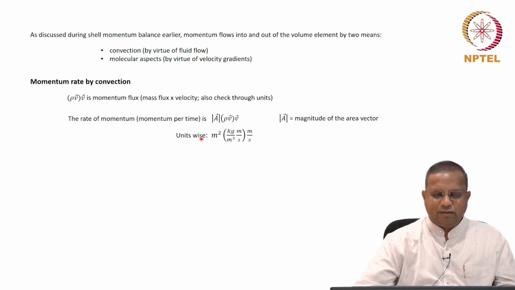If you check in terms of units, area is meter squared, density is mass per volume, kilogram per meter cubed, and velocity is meter per second. If you cancel out the various terms here, two will go away, and then one more will remain here in terms of meters. Therefore, this will become meter squared.